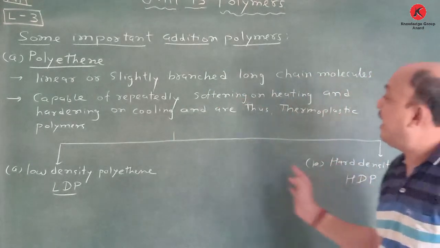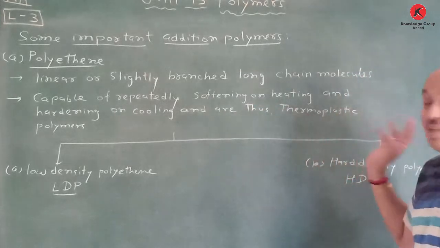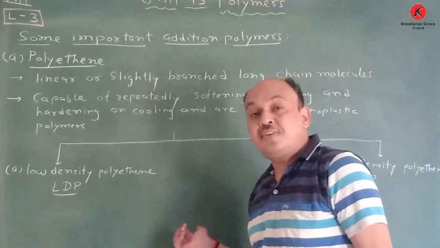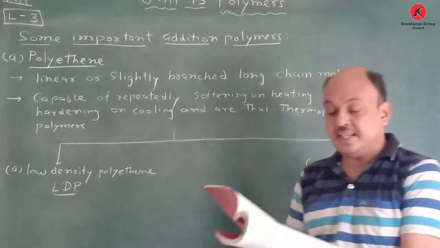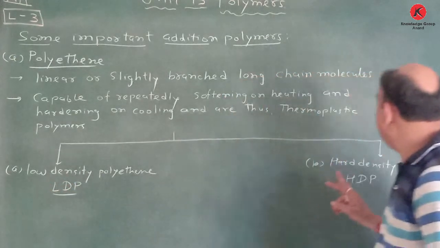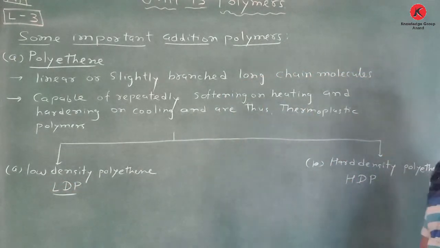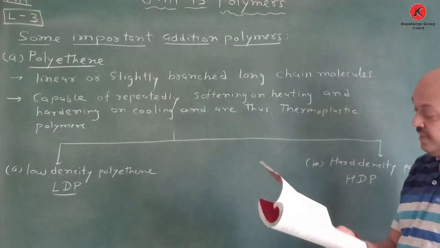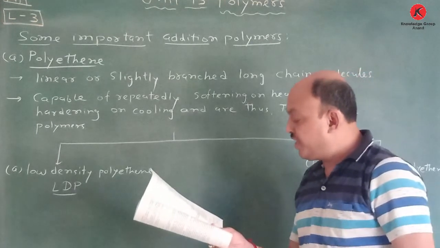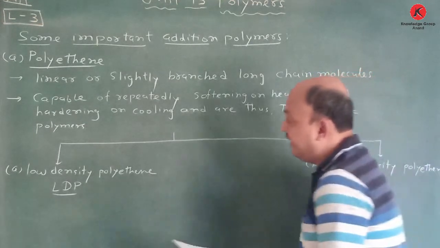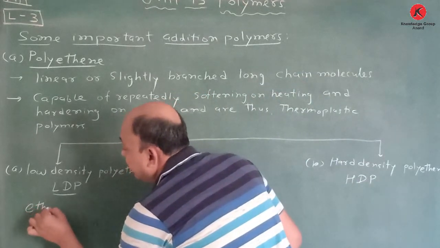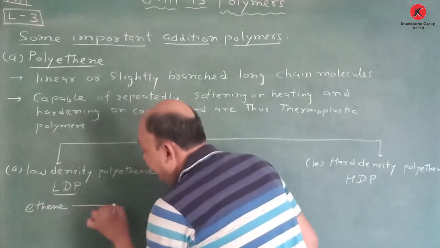Due to this, they are classified in two types: low density polyethylene and high density polyethylene. Now we discuss low density polyethylene. It is obtained by the polymerization of ethene.